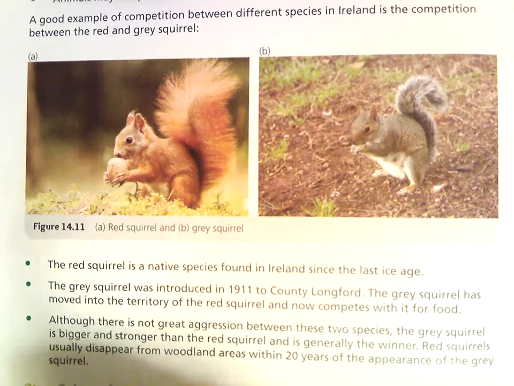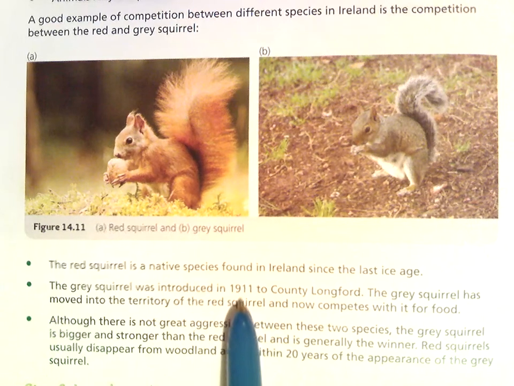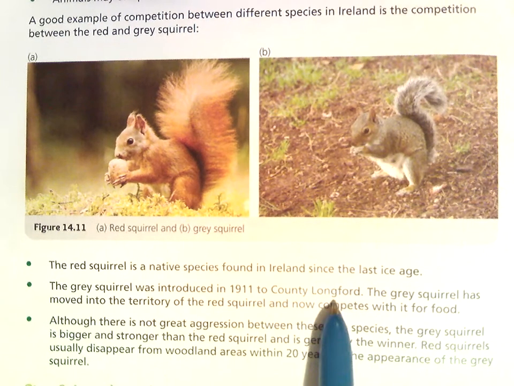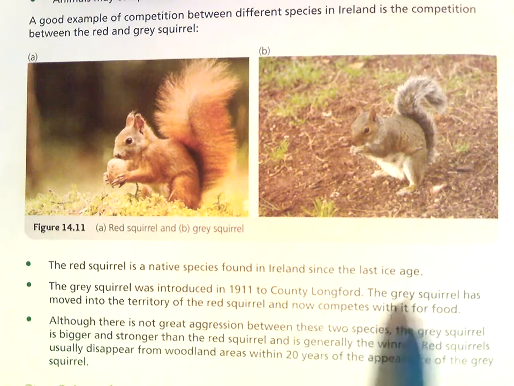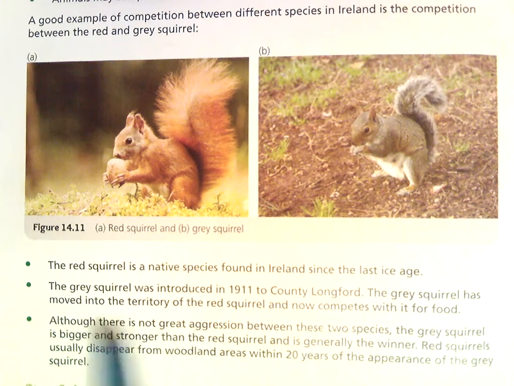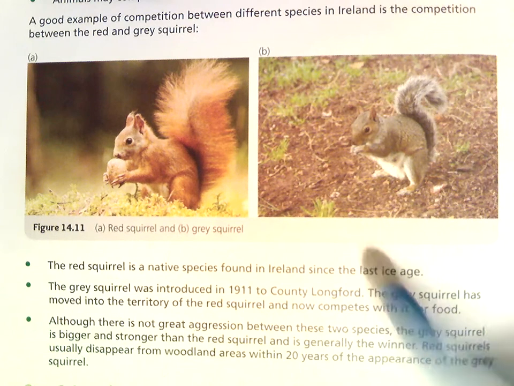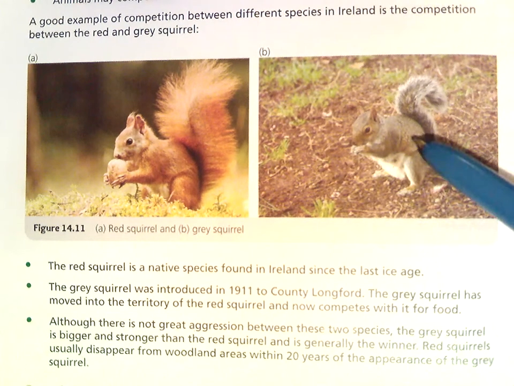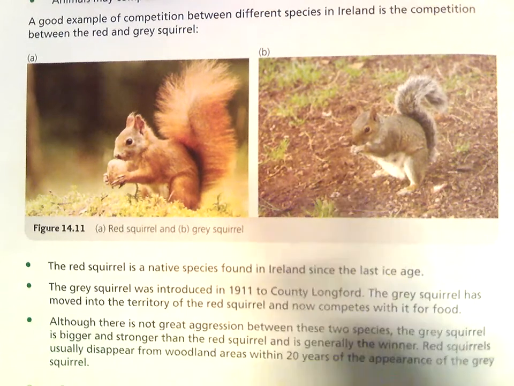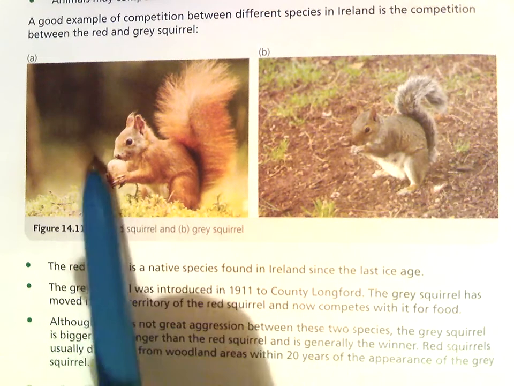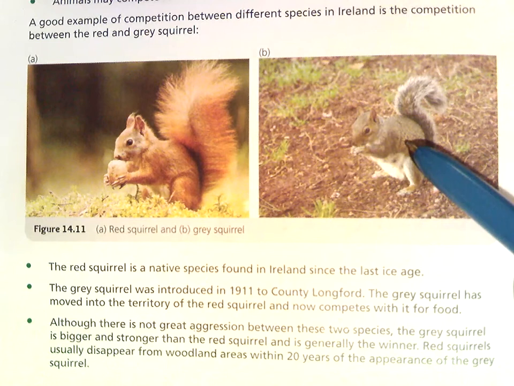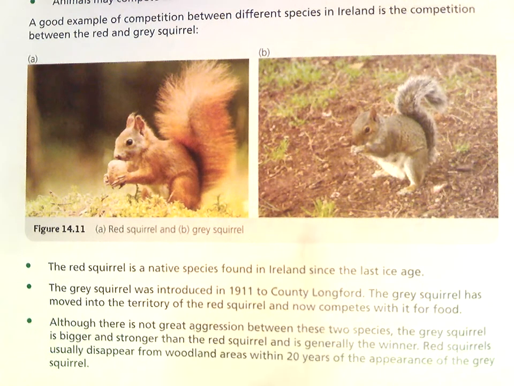The grey squirrel was imported and introduced in 1911 to County Longford, which is not too far from where we are. The grey squirrel has moved into the territory of the red squirrel and now competes with it for food. The grey squirrel is much bigger and stronger, so when it comes into the red squirrel's territory, it gets the food and starts to outcompete the red squirrel.